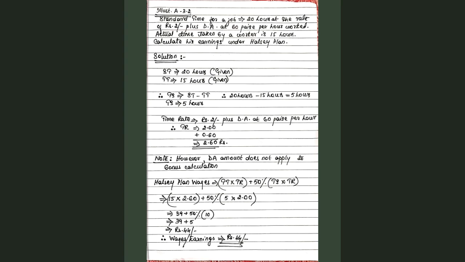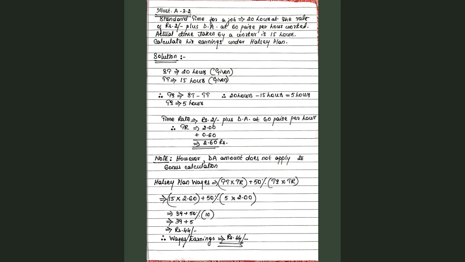So, the time taken by the worker is 15 hours. In some problems, the standard time may be given to you as time allowed. Now, time allowed and standard time are both one and the same thing. So, do not get confused with this. So, standard time is 20 hours, whereas time taken is 15 hours.